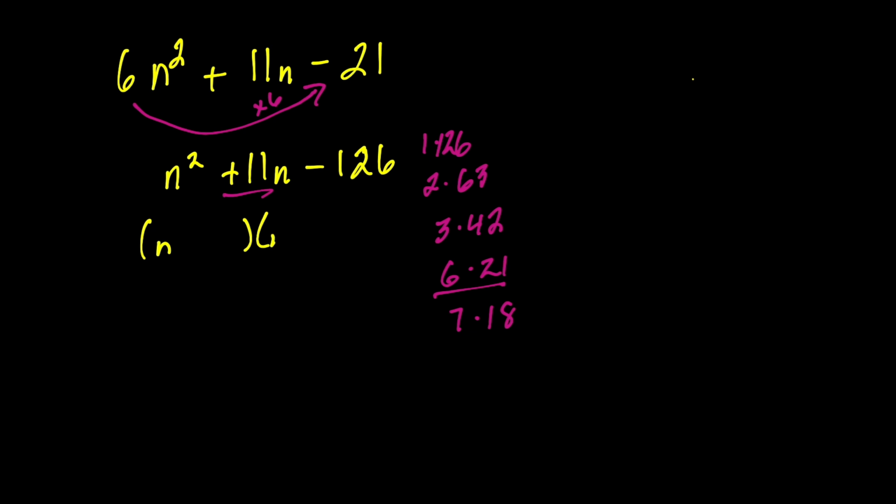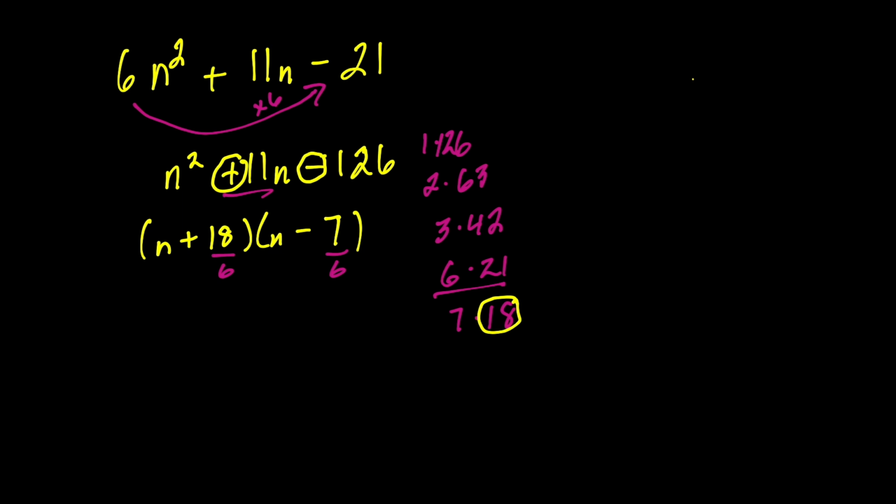N, and I need a plus and I need a minus because of this minus sign. But this plus sign is going to tell me where the big number goes. So 18 and 7. So the next step was, remember, we first multiplied by 6. So now we're going to divide by that 6. I'm just going to divide that back out.